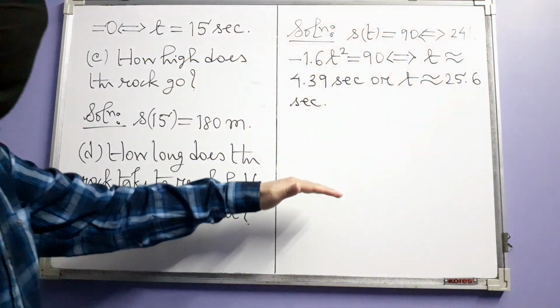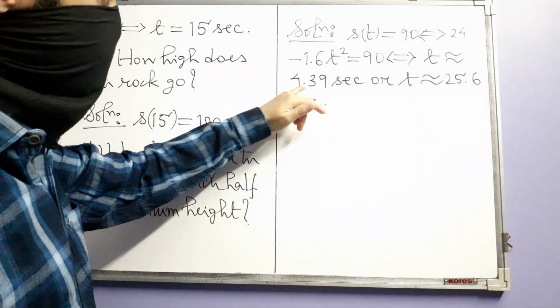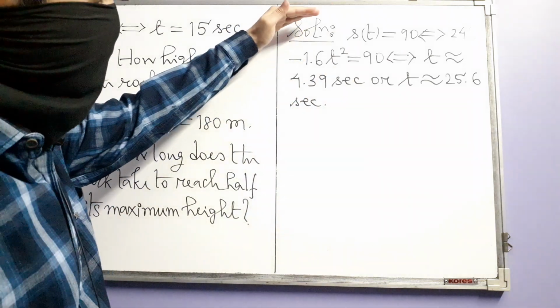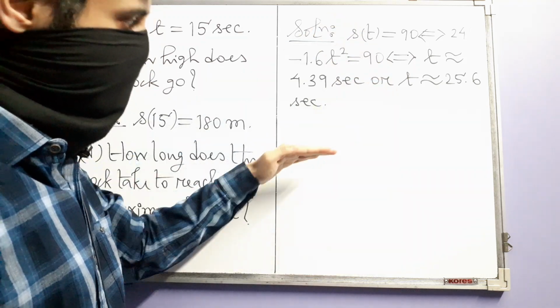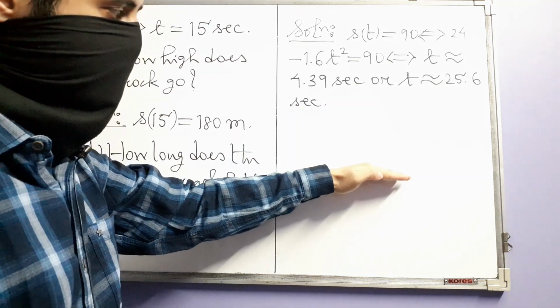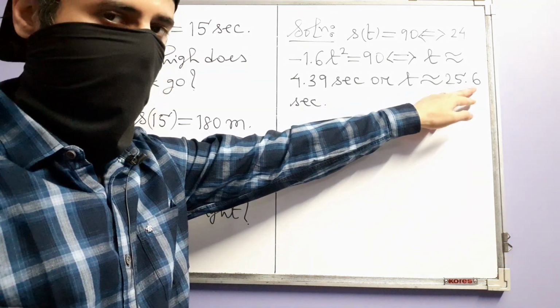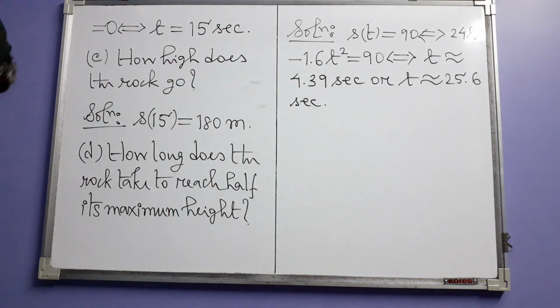So when the rock goes up, it reaches that height 90 meter in 4.39 second, and then it reaches maximum height 180 meter, and then again while falling down, it again reaches that height of 90 meter, and in getting to that instant of time, 25.6 seconds have elapsed. Okay, so these are the two time instants.